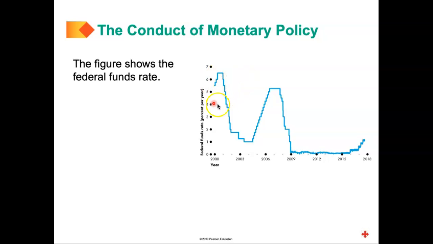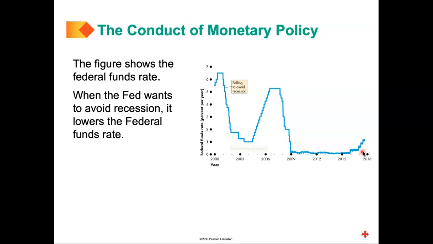In 2000, there was a dot-com bubble and a recession early in 2000, so the Federal Reserve decided to decrease the federal funds rate. Then between 2003 and 2007, there was an economic expansion and the federal funds rate increased. We had the financial recession of 2008, 2009, and the federal funds rate decreased, and it has stayed low for quite some time now.